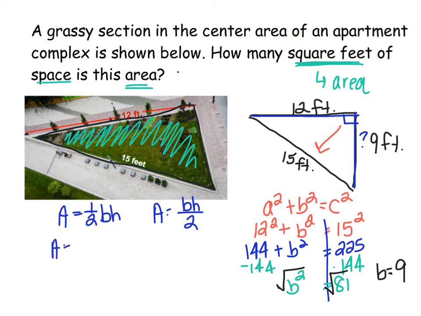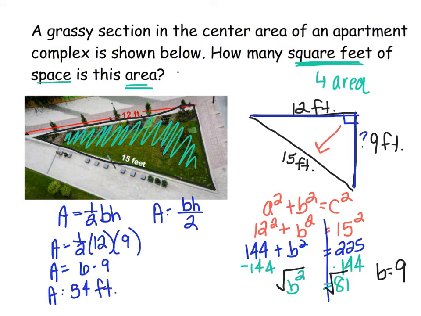So the area is going to be 1/2 times the base, which is 12, times the height we just found was 9. So 1/2 times 12, half of 12 is 6, times 9. So my area, 6 times 9, is 54 square feet, or feet squared.